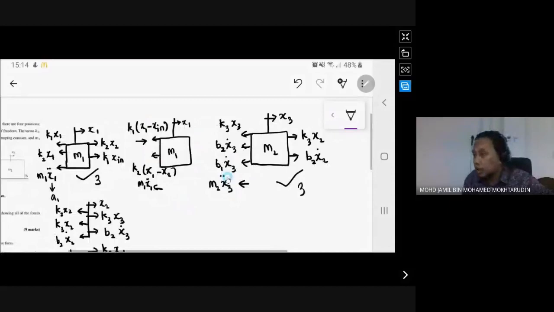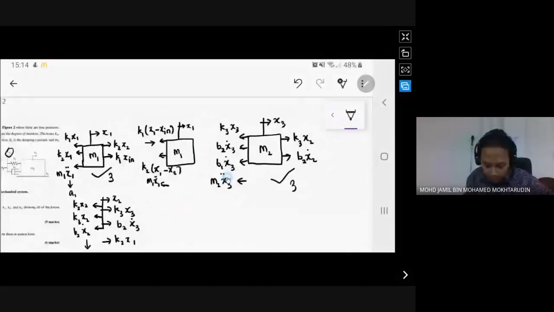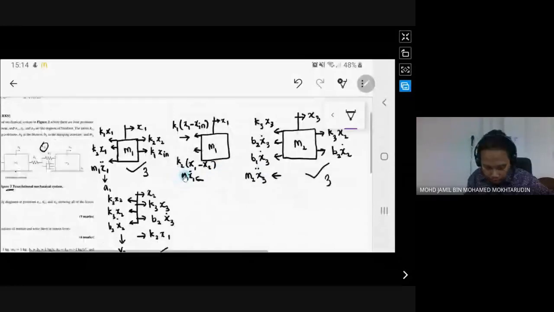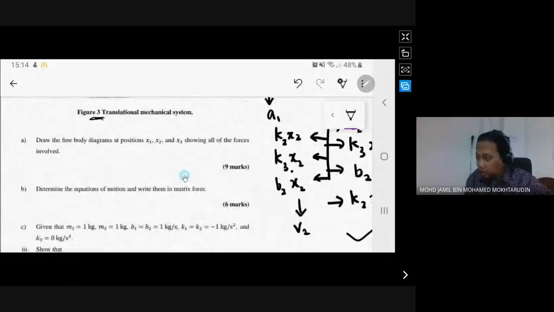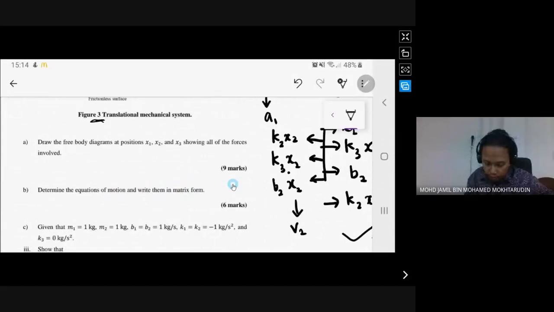Okay, so after you draw the free body diagram, then you can answer question 2B. So question 2B asks you to determine the equation of motion and write them in matrix form. Okay, so you can write the equation of motion.